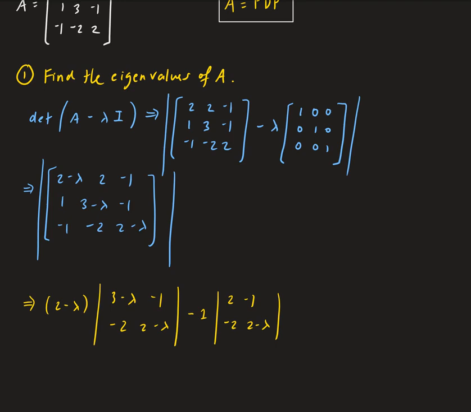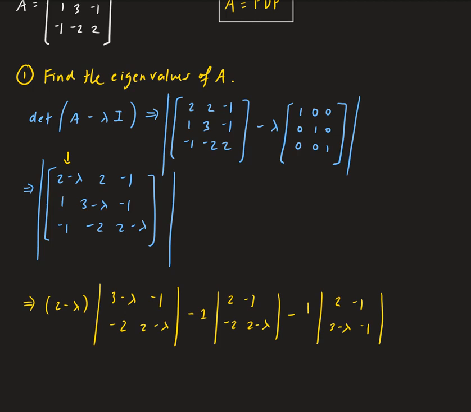And then the last one is again minus 1, since I'm using the first column, times the determinant of 2, negative 1, 3 minus lambda, and negative 1.